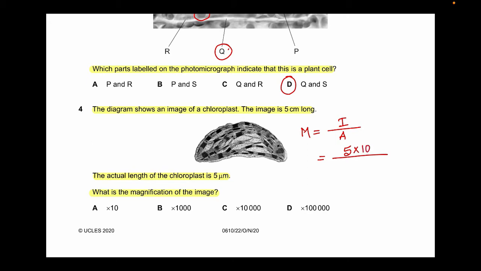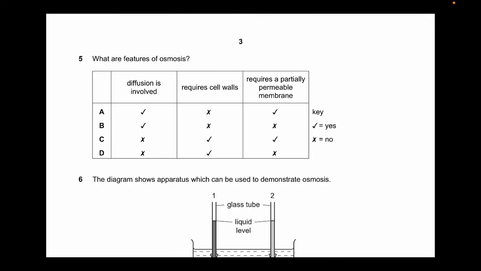So 5 multiplied by 10 to convert it into millimeter, and then multiplied by 1000 to convert it into micrometer, divided by 5 micrometer, which is the actual length. So the micrometer cancels out, and the 5 and 5 cancel out, and the answer is 10,000. So option C is the correct answer.